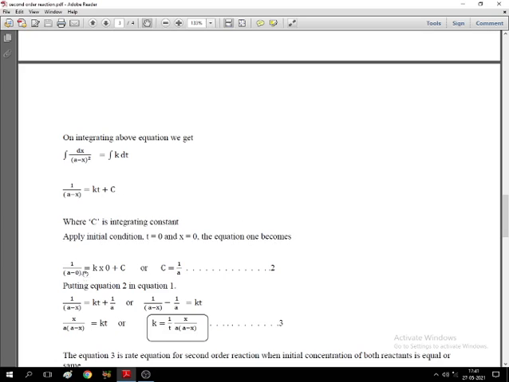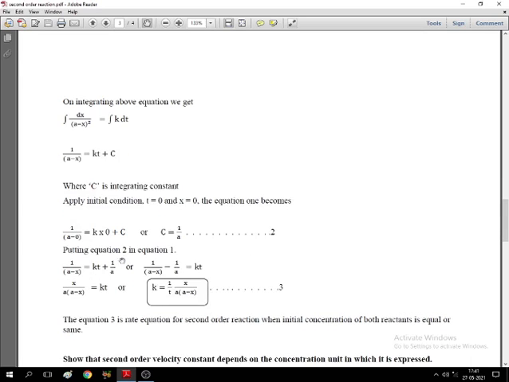This equation 1 becomes 1 upon A minus 0, putting X is equal to 0, is equal to K into 0 plus C. Therefore, C is equal to 1 upon A, equation number 2. Putting equation 2 in equation 1, we will get 1 upon A minus X is equal to KT plus 1 upon A. 1 upon A minus X minus 1 upon A is equal to KT, or X upon A into (A minus X) is equal to KT, or if we rearrange it for K, it is 1 upon T into X upon A into (A minus X), equation number 3.